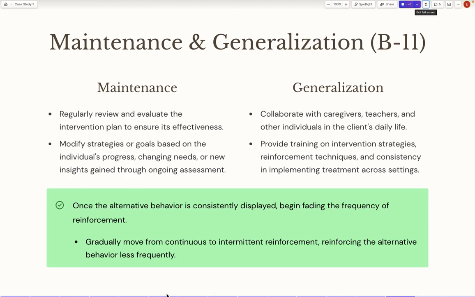And this helped provide consistent treatment across all settings that the client may encounter. So then once the alternative behavior was consistently displayed, frequency of reinforcement was faded, as were the uses of the visual aids.